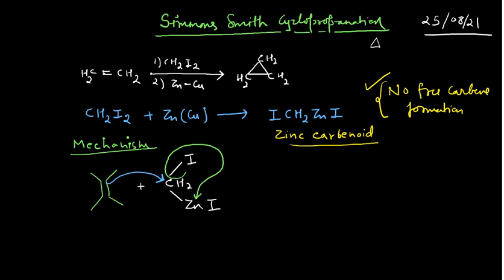Because zinc is in +2 oxidation state, it has vacant d orbitals, so these electrons can be donated to the vacant d orbitals. That is why this iodine goes along with the electron pair and attaches to the zinc, and simultaneously this electron pair will attack this particular carbon atom.